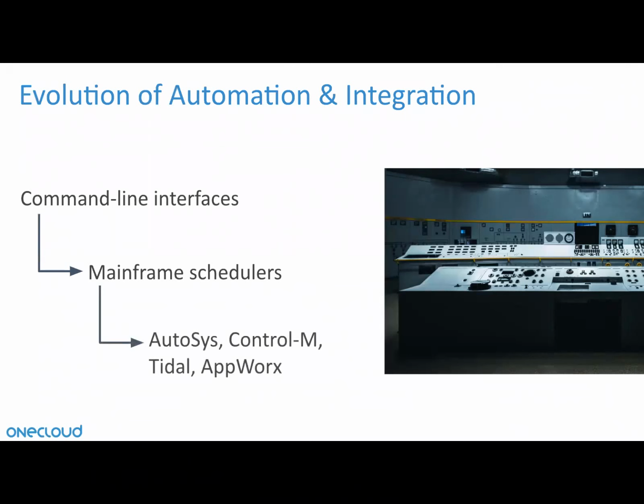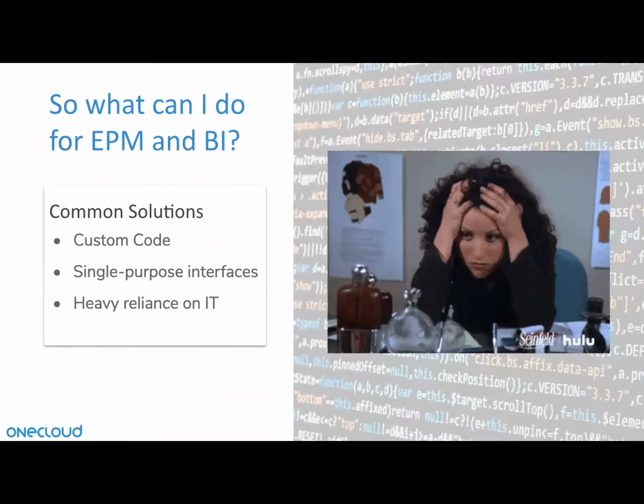These technologies are actively used today to schedule and automate various applications, but they oftentimes don't have a real focus on performance management and BI applications. So let's go through the journey here. How can you automate and connect your performance management and BI applications?